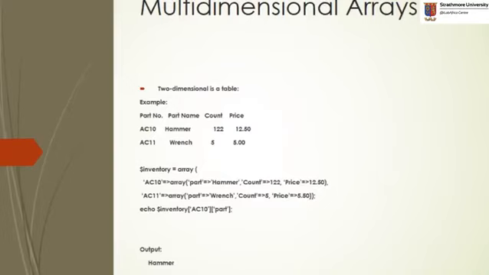That first AC10 is a key that is also an array. So this key is an array having these other data values, which is part, a named key with hammer, and then a key count with the value of 22, and a key price of 12.50.